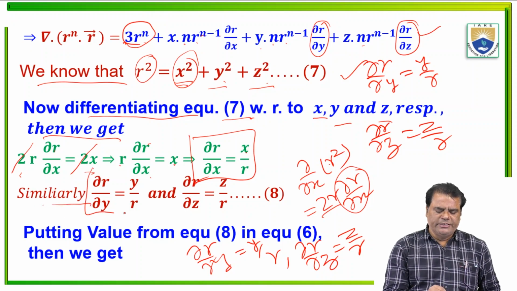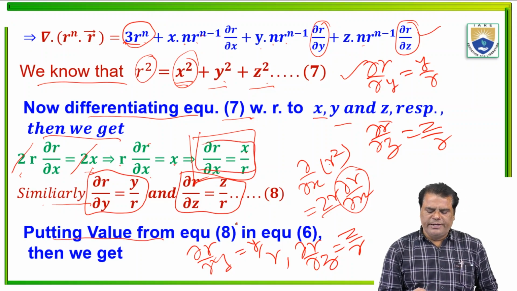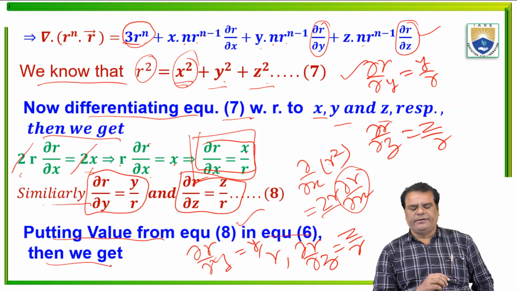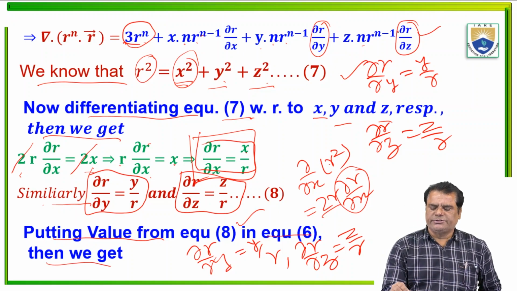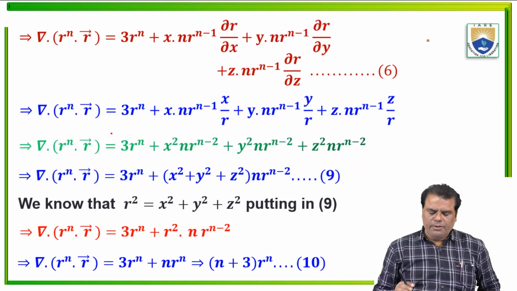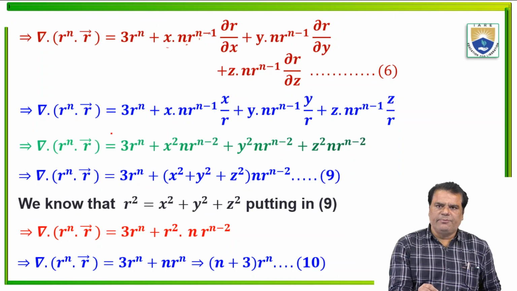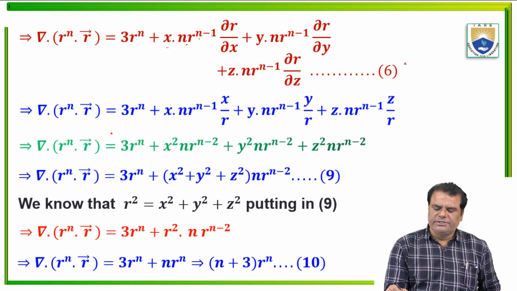Similarly, we find this value and this value, and the first value is this. Putting the value from equation 8 in equation 6, then we get equation 6 is this. This is equation 6. So now 3r^n, x n r^(n-1).